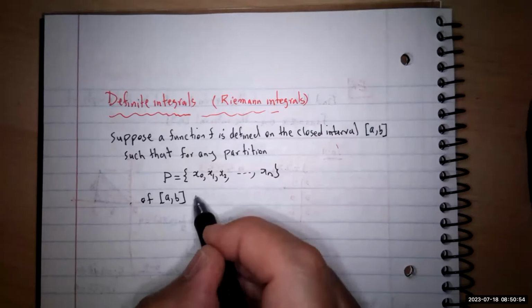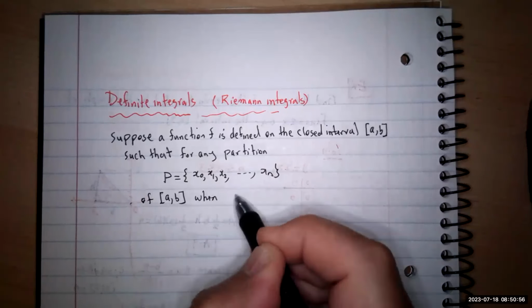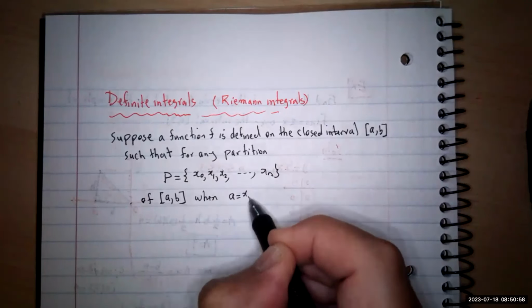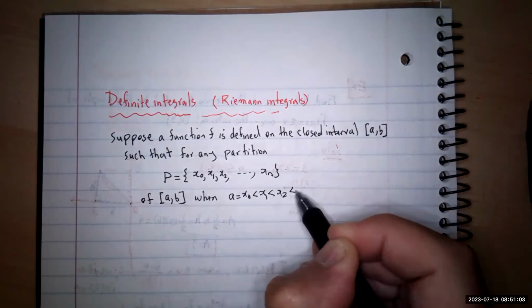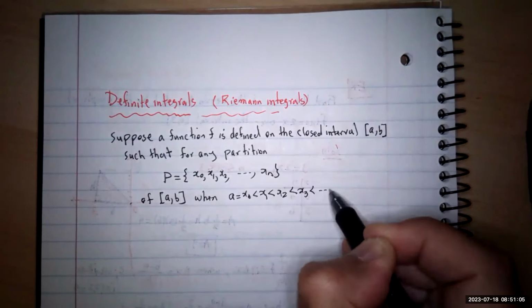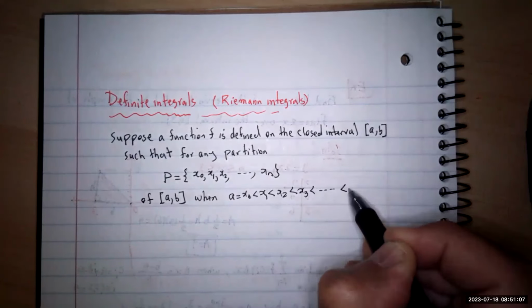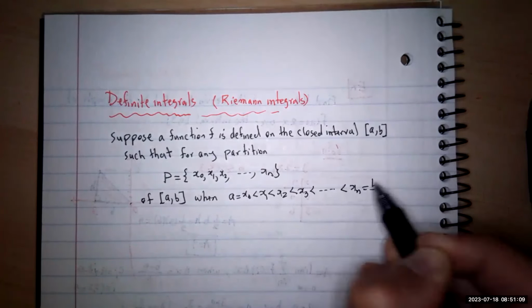The first one is a, next one is x1, x2, x3, etc. Up to the last one, xn, equal to b.